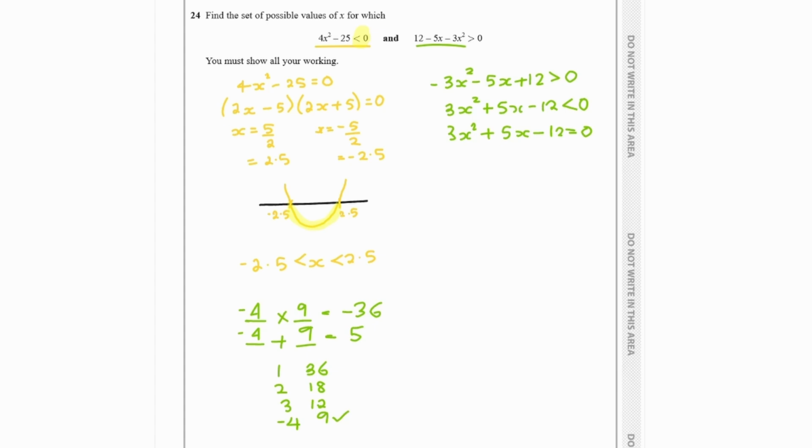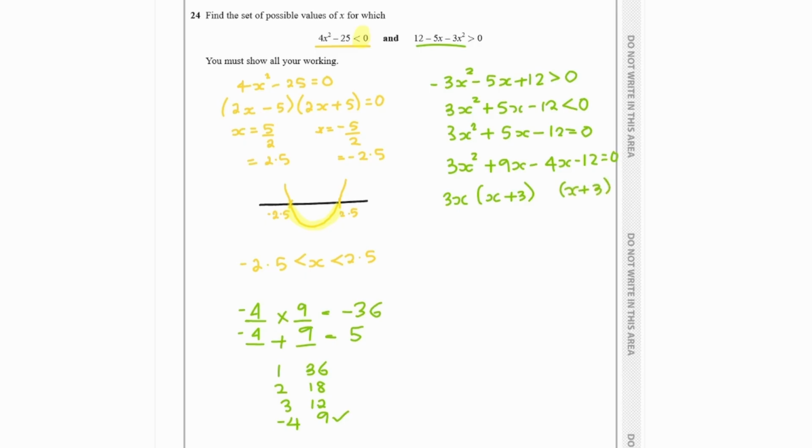We can now factorize this by splitting the middle term. So we can write this as 3x squared plus 9x minus 4x minus 12 is equal to 0. So we can write 3x because that is the common factor between 3x squared and 9x, and then we can open our bracket and put x plus 3.